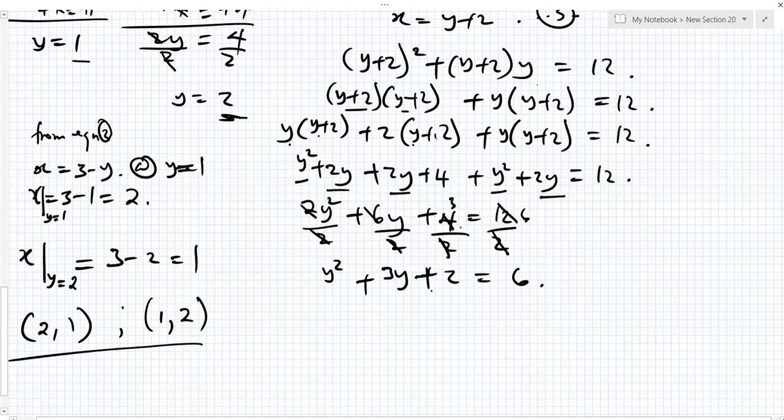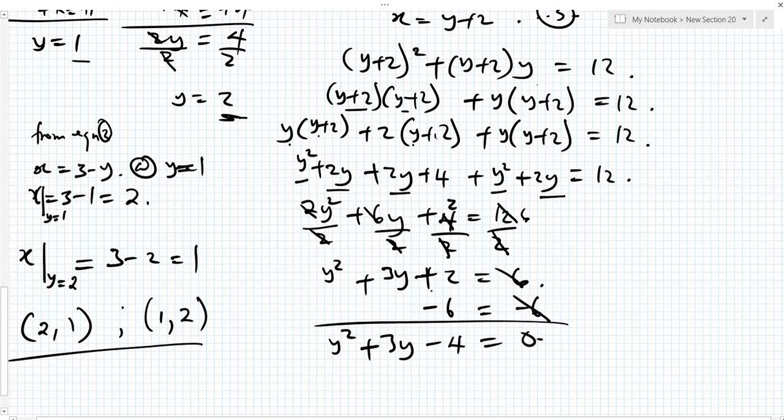Now if you add minus 6 to both sides, you are left with y squared plus 3y minus 4 equal to 0.